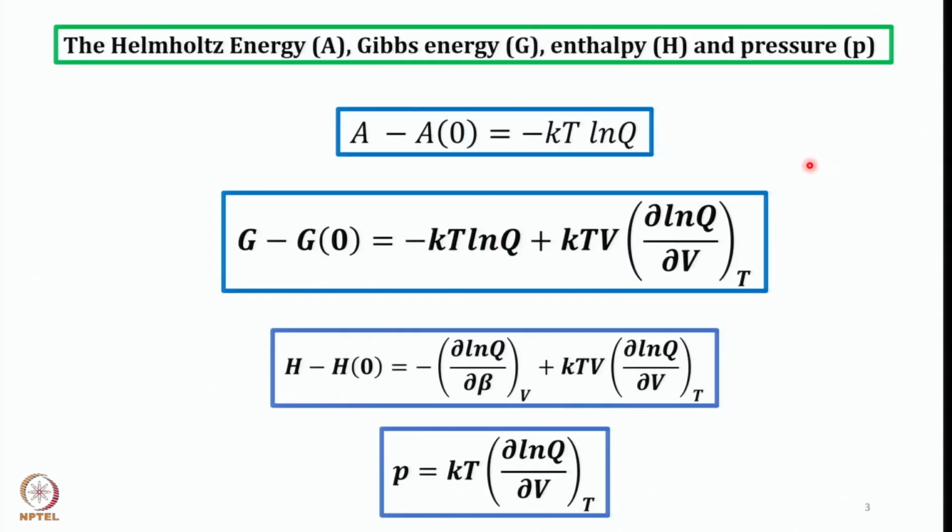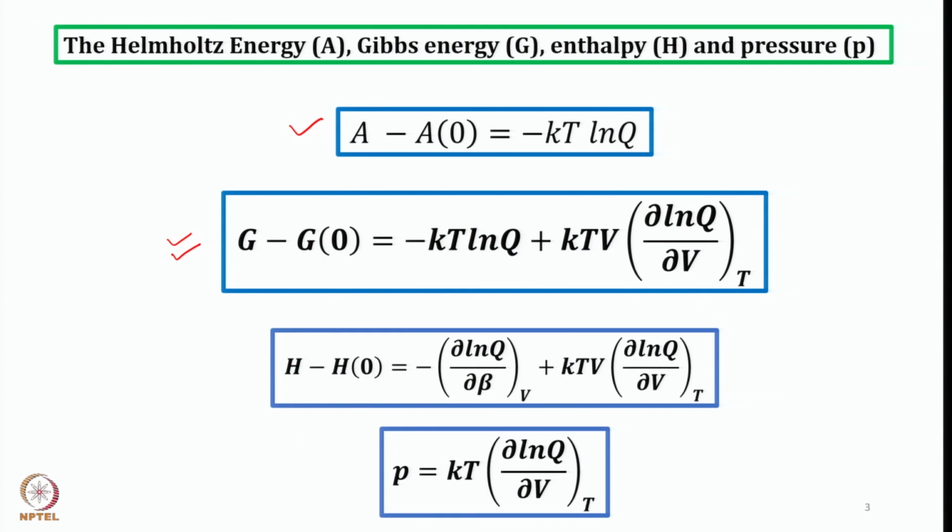We kept on further developing more relations. For example, the connection of the canonical partition function with the Helmholtz free energy, which was A minus A0 is equal to minus kT log Q. Very important relation for Gibbs free energy. Gibbs free energy is one of the most important thermodynamic quantities in chemical or statistical thermodynamics.